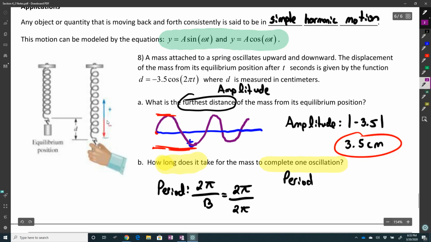And notice it's the number that's in front of the variable. So 2 pi over 2 pi is 1. So how long does it take? It takes 1 second for one oscillation.